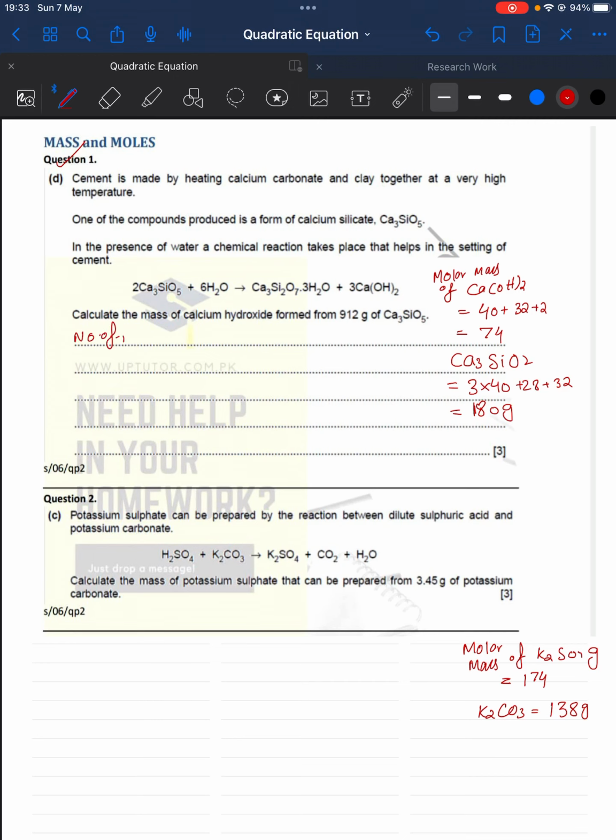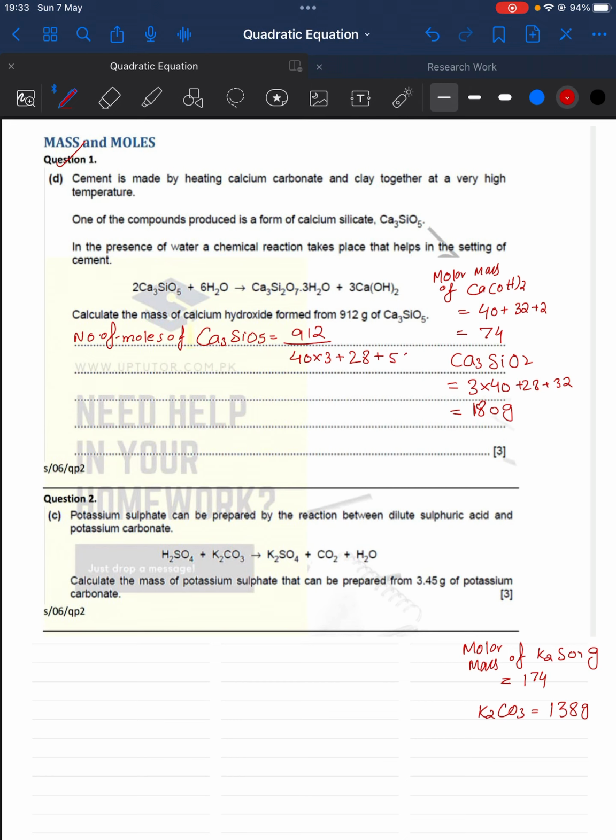Number of moles of calcium silicate, that is Ca3SiO5. So its molar mass, given mass is 912 gram, and its molar mass will be: mass of calcium is 40, and we have 3 calcium, plus mass of silicon is 28, and the mass of oxygen is 16.